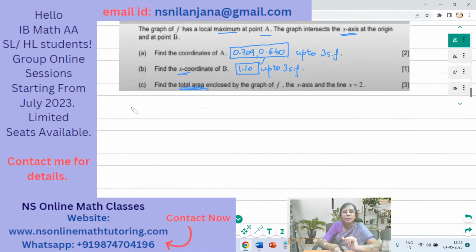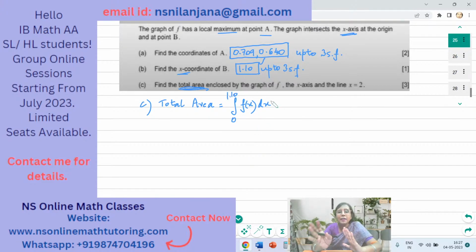Total area will be equal to the integral of f of x dx. The f of x expression will be integrated with respect to x, and the limits of integration will be 0 to 1.10.